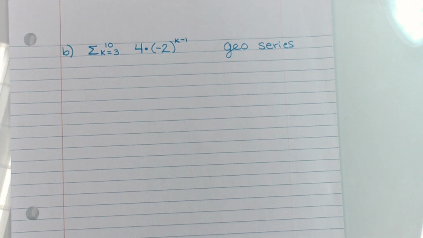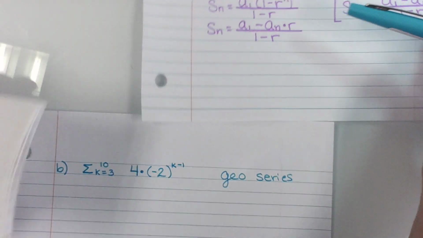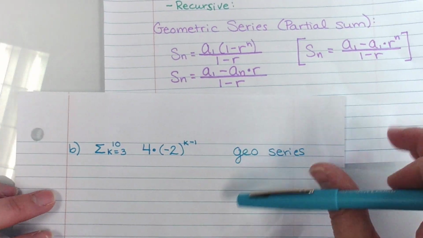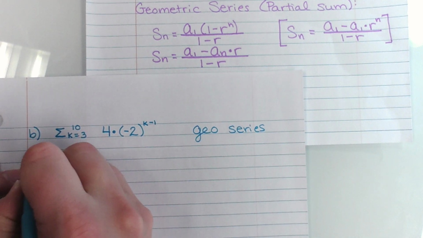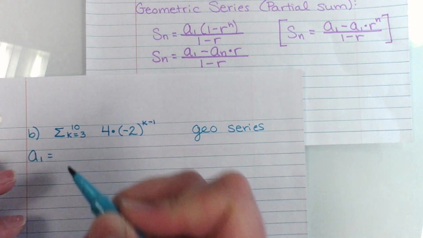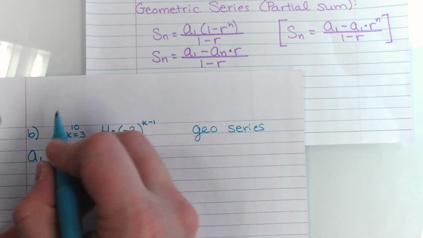Okay, so geometric series. Got a couple of different formulas I can use, both of which require a sub 1. Lainey, how can I find a sub 1? You plug the k equals number into the k spot in the exponent.